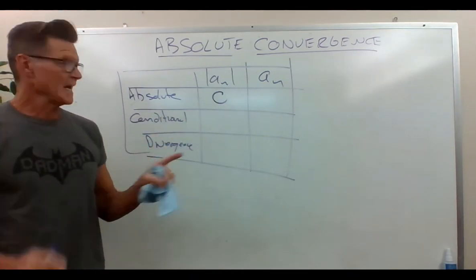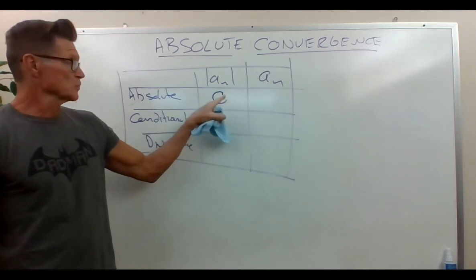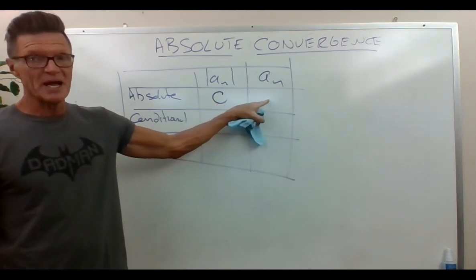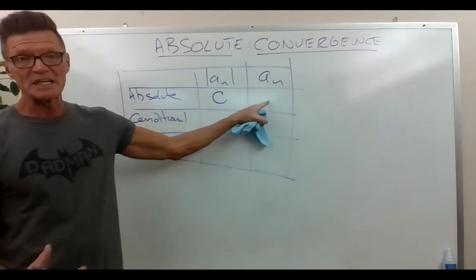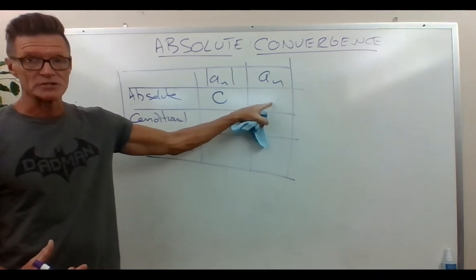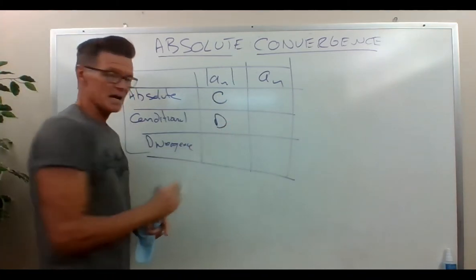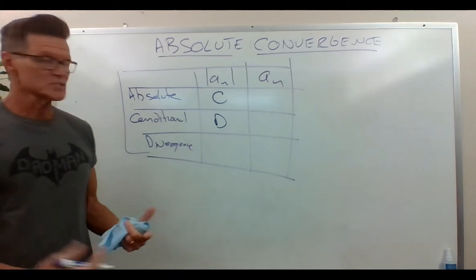When that happens, we really don't need to do the alternating series test, because it will automatically converge. So I leave it blank because I don't really need to do it. However, if the absolute value diverges, then we need to go on and do the alternating series test.